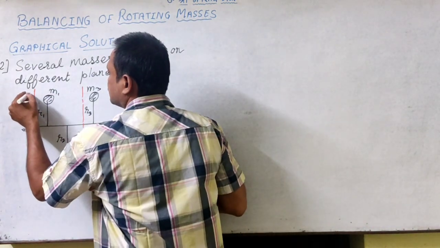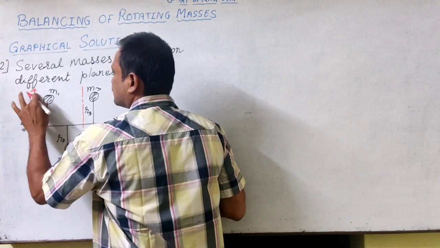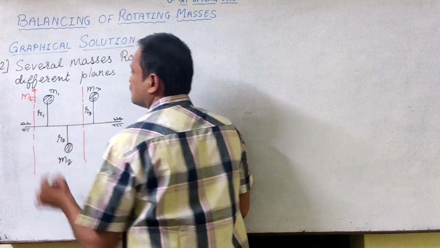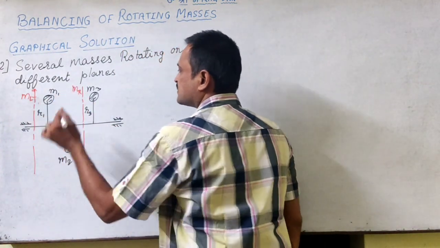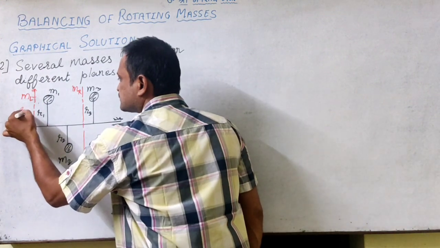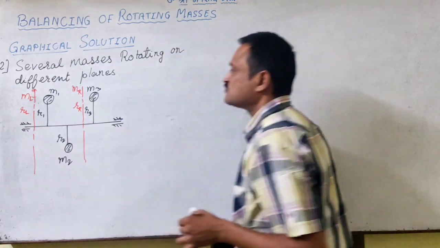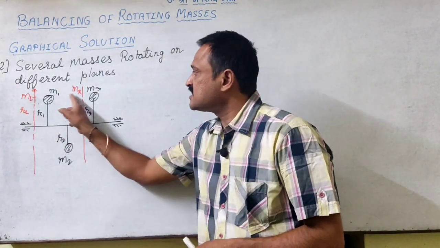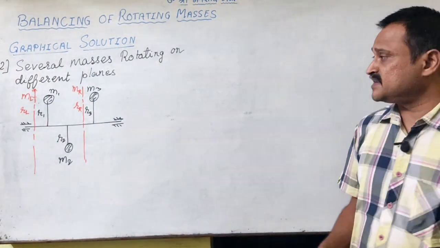So say we want to place a balancing mass on this plane. Right now we don't know where, so maybe balancing mass L and balancing mass R, the left and the right, and let us say the radius of rotations for these are also known for us. We have to simply determine here the balancing masses ML and MR and their phase.